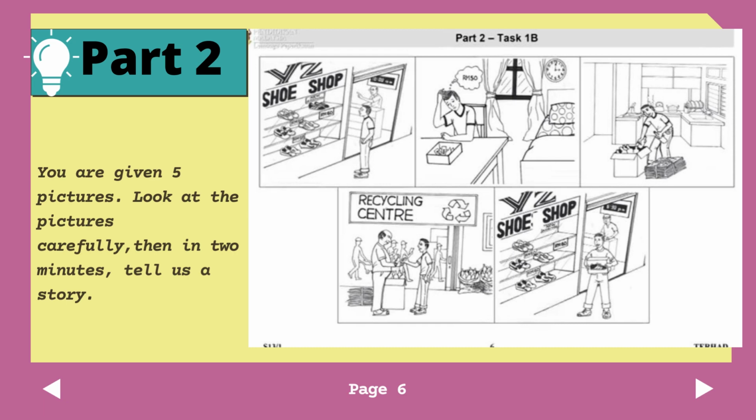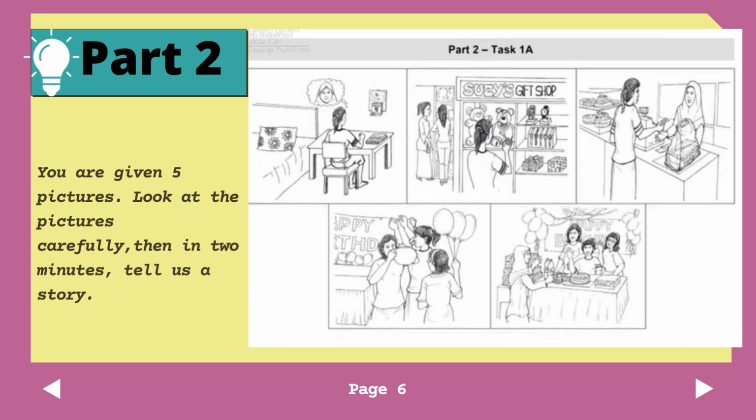As I mentioned before, in the speaking test itself, candidate A will get task 1A and will explain this story, and candidate B will listen to candidate A telling the story, because at the end of part 2, candidate B will also be asked questions.